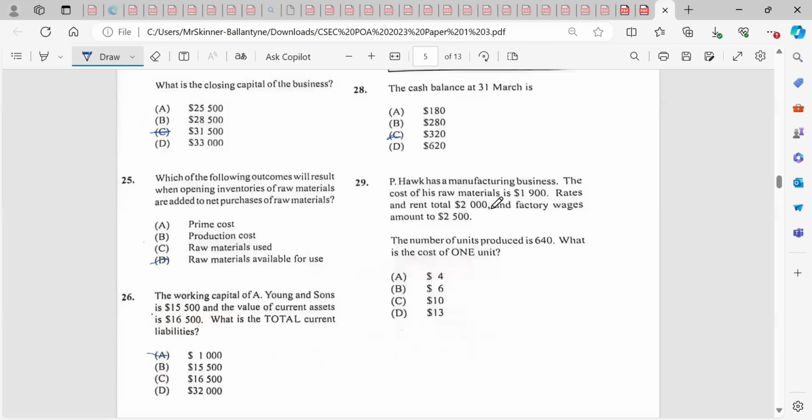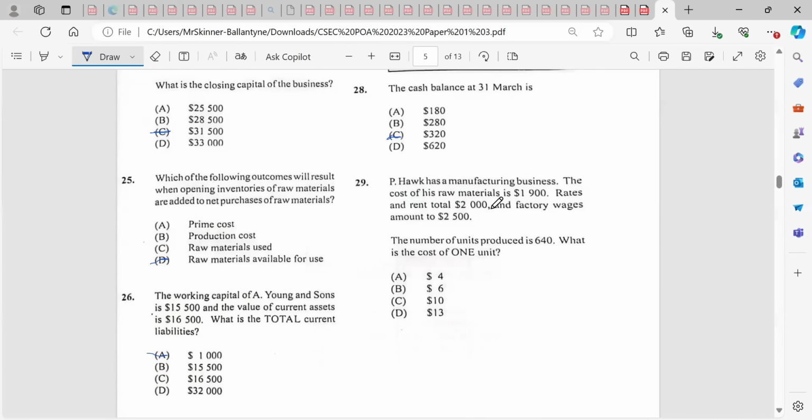Number 29, P-Hawk has a manufacturing business. The cost of raw materials is 1,900, rates and rent total 2,000, and factory wages amount to 2,500. The number of units produced is 640. What is the cost of one unit? The answer is C. This might be the most repeated question because it comes for OA as well.